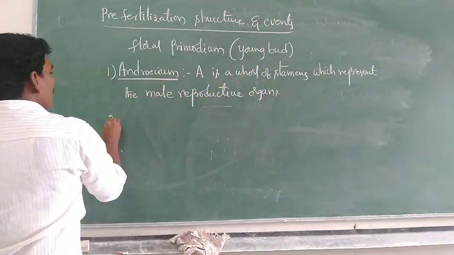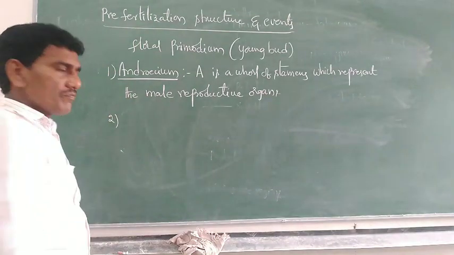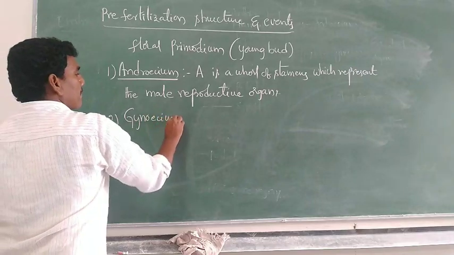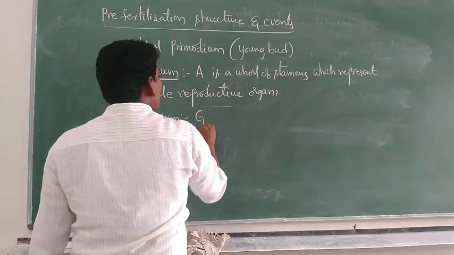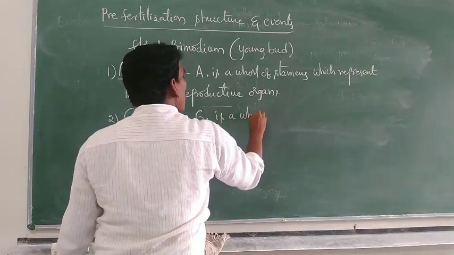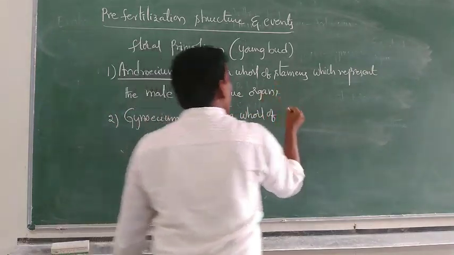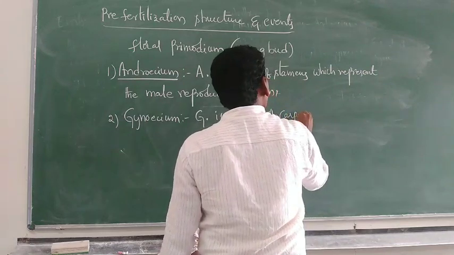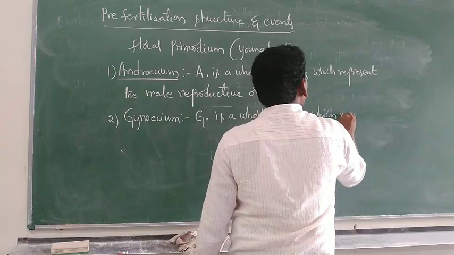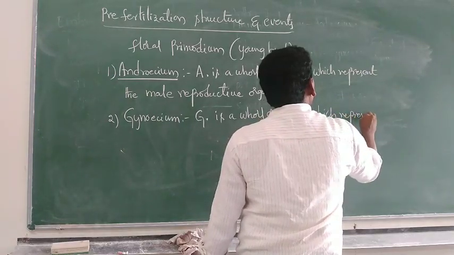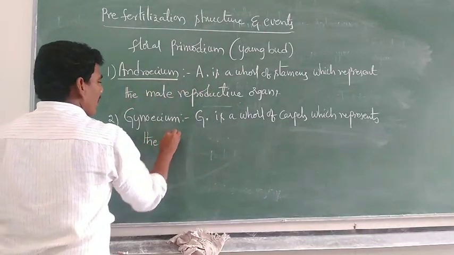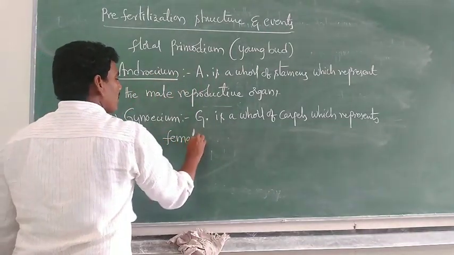The second one is called gynoecium. Gynoecium is a whorl of carpels which represents the female reproductive organ.